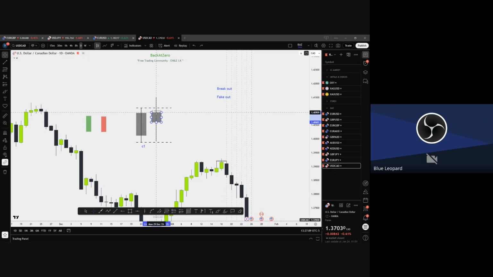If this one opened here, you know this is a bearish candle. Why? Because if this one was bullish, opening here means this is the opening price. And now we closed below the opening of the first candle. If this was a bearish candle, okay, and we opened here, this was just a gap.